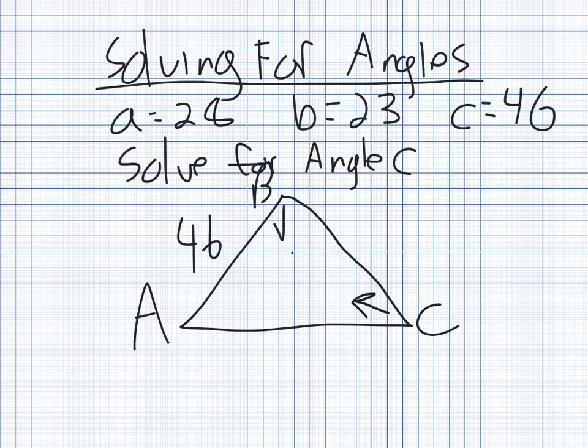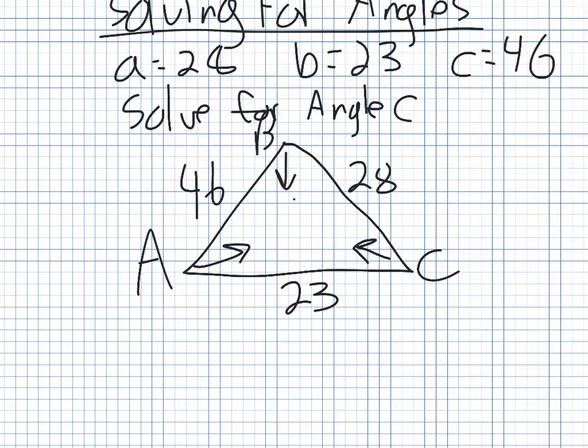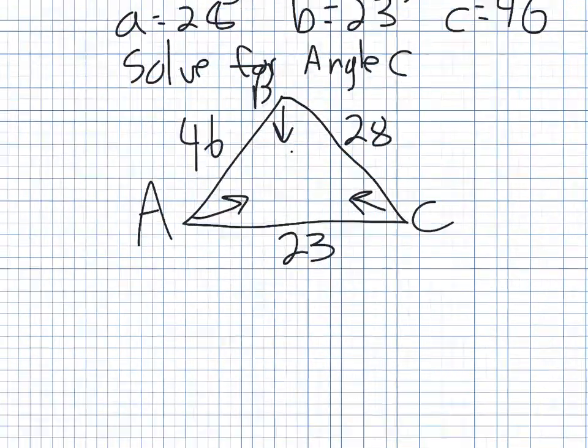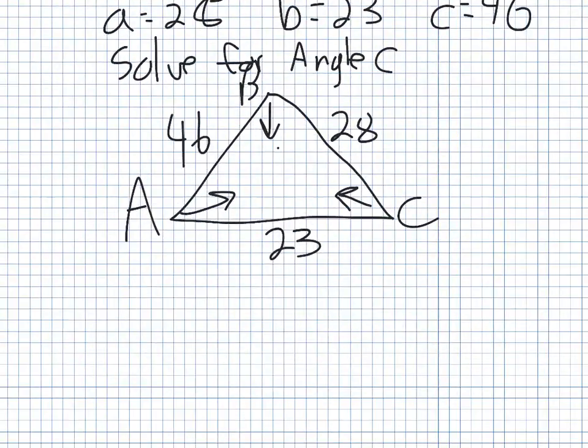Side B is opposite angle B, which is 23, and side A is opposite angle A, which is 28. And it says we want to solve for angle C, so I'm going to circle angle C. That's what I want to figure out.